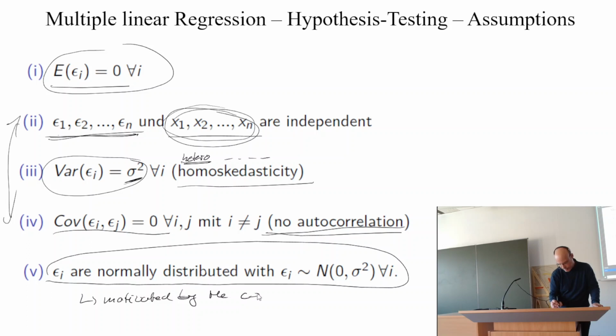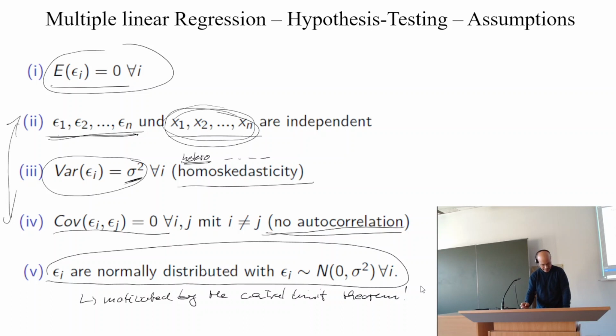By the central limit theorem. But of course, we are in economic science, and what we are dealing with in economic science is we are dealing with ourselves, because we are the economic agents.